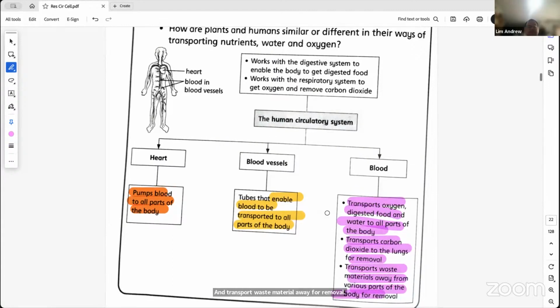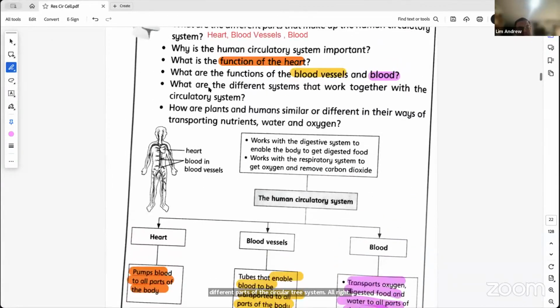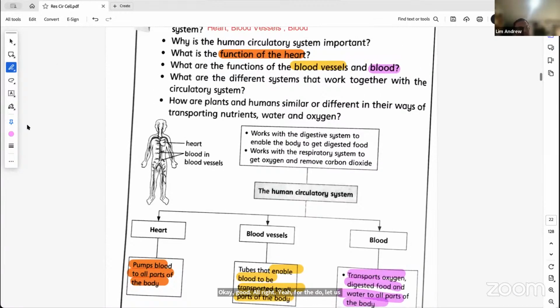So all these three are the functions of the different parts of the circulatory system. Okay, good. Without further ado, let us continue. Next question. As you can see, the answers are all in one page.